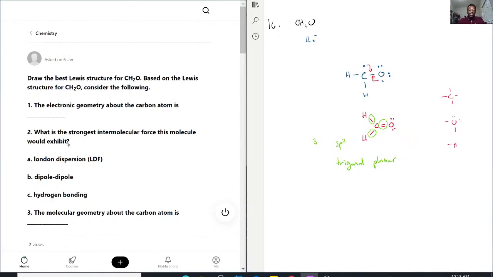What will be the strongest intermolecular force in this molecule? Let's look at these. Everything has London dispersion force, so that's technically not incorrect, but I'm sure we can get stronger than that. We have dipole-dipole and hydrogen bonding. The reason why I skipped to hydrogen bonding first is because it is a little bit easier to solve.